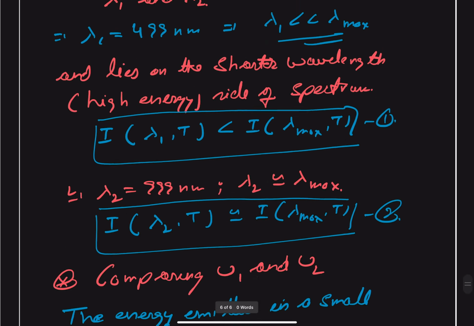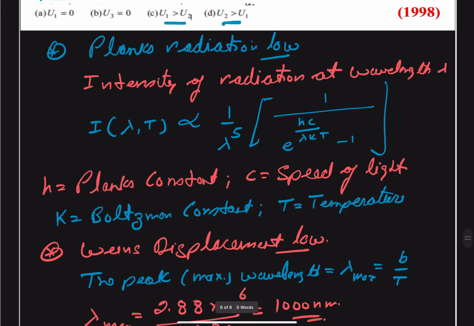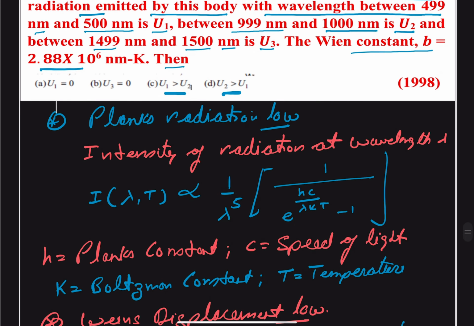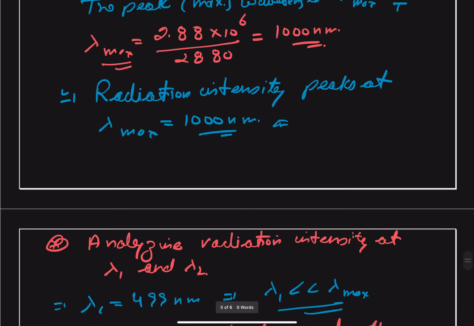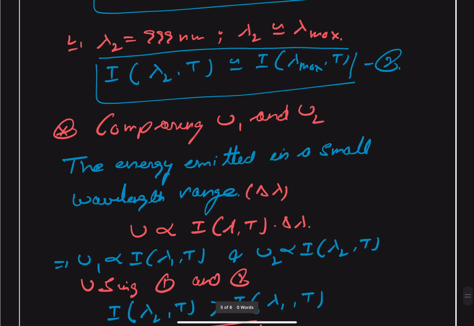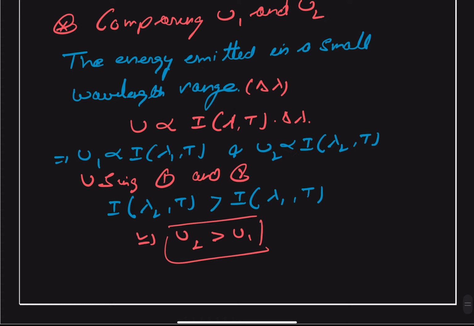The option given to us is U2 is greater than U1, so option D is the correct option. This completes the question. Thank you.